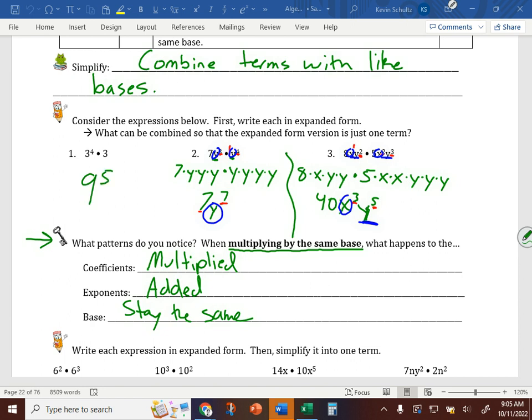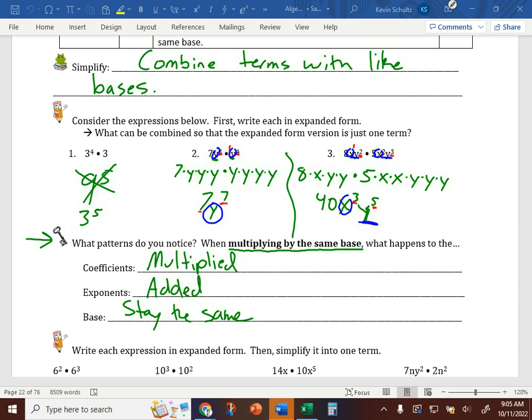Yeah, people want to multiply those bases because they're thinking coefficients, because coefficients are always numbers, right? But because bases can be numbers, you need to understand the difference between a coefficient and a base. Because 9 to the 5th is not the correct answer, as expanded form proved to us, right? There were no 9s in there. They were all 3s, okay? So watch out for that. Pay attention to what's a base and what is a coefficient.